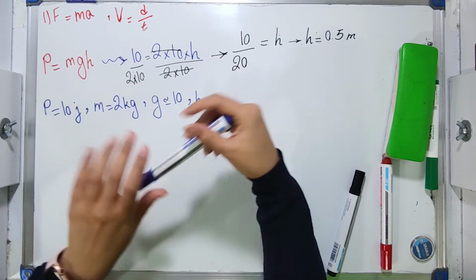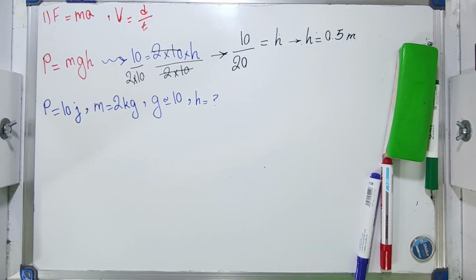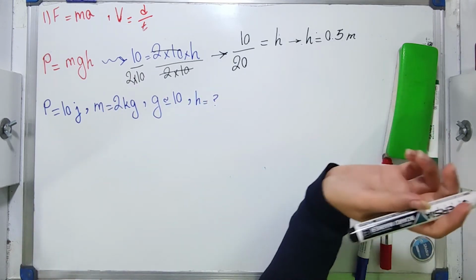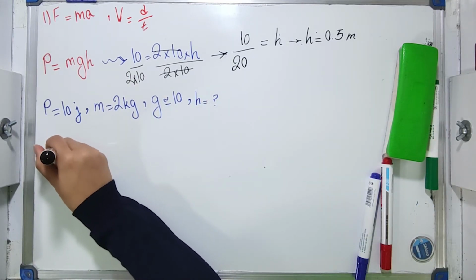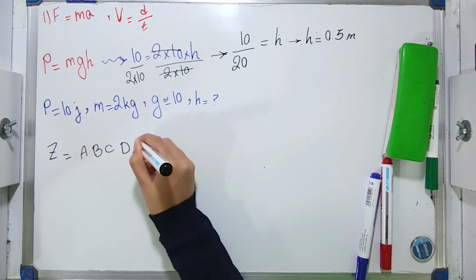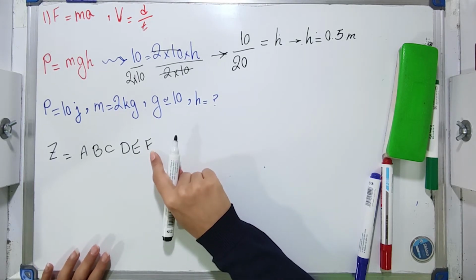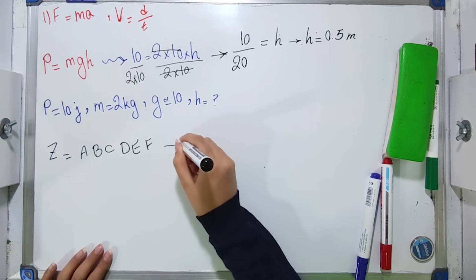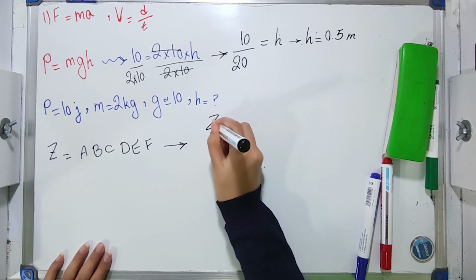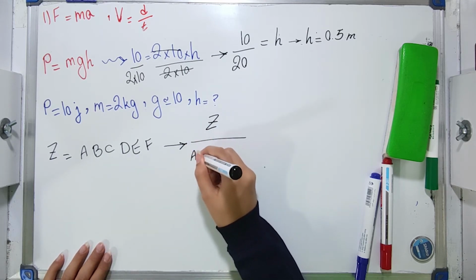Imagine that there is a formula that has z on this side, and on this side you have a, b, c, d, e, f. So many variables, and you want to find out f. It's enough that you just keep f and divide z by other numbers or variables.